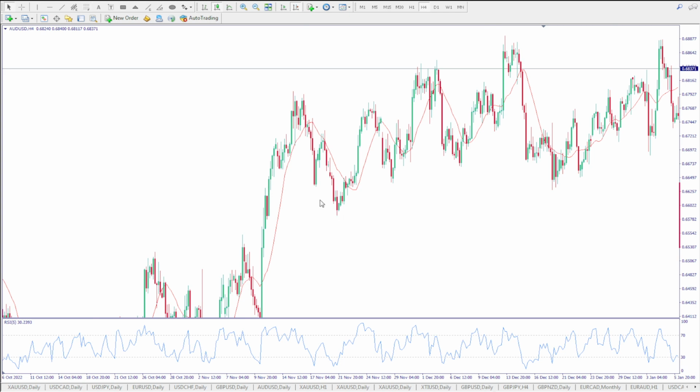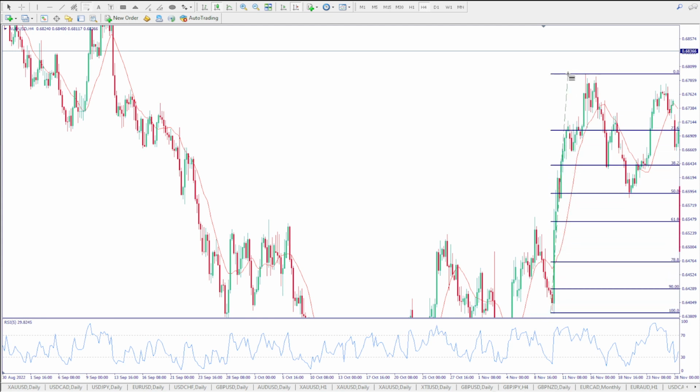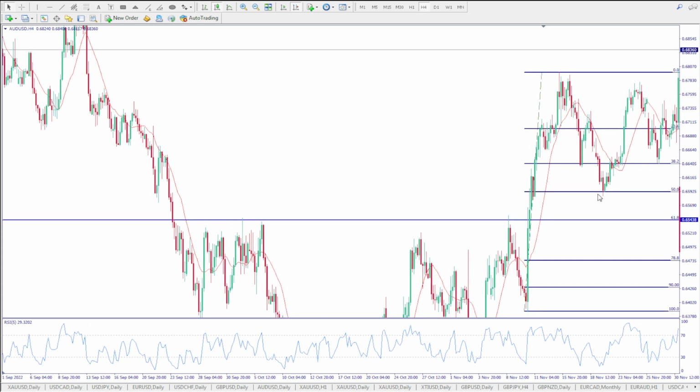My strategy is, let's say, if price is going up from here, since this is an up move, I will be taking a buy trade near this 61.8. In this particular situation, that never happened, so the market bounced back from here. I will explain why it never happened.